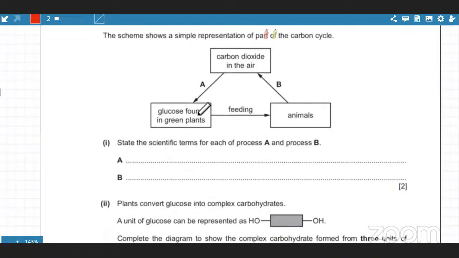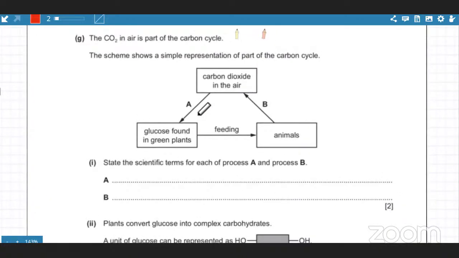Let's move to the next part of the question, which is about a carbon cycle. The scheme shows a simple representation of part of the carbon cycle.